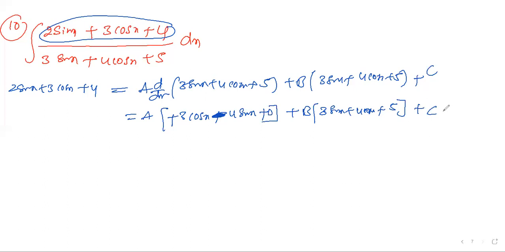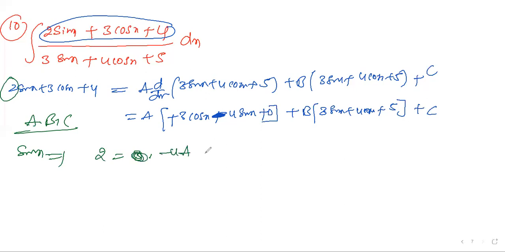Then after this, your agenda is to find the values of A, B, C. First you compare the sin x terms. Left is 2, right is minus 4A plus 3B. Am I clear?